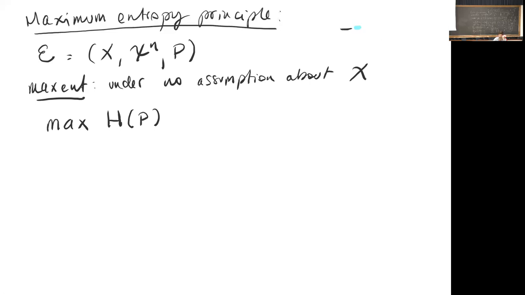So I think of this entropy as a function of the probability distribution. And because we are considering discrete random variables, I can think of this probability distribution as a vector of numbers, which are the probabilities of each outcome. This probability distribution P, I can think of it as a vector P of x, indexed by x, where x are all the possible outcomes.